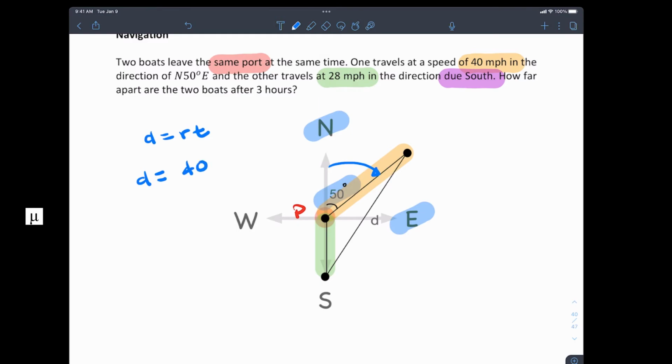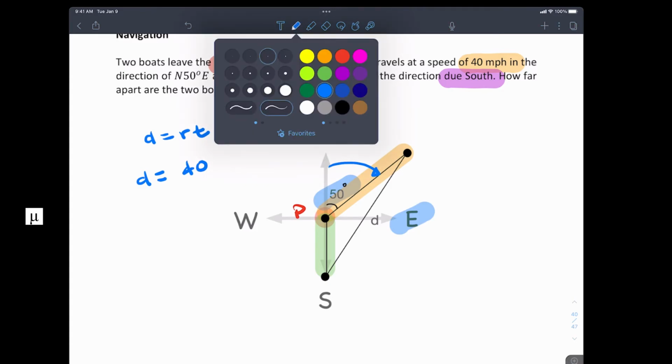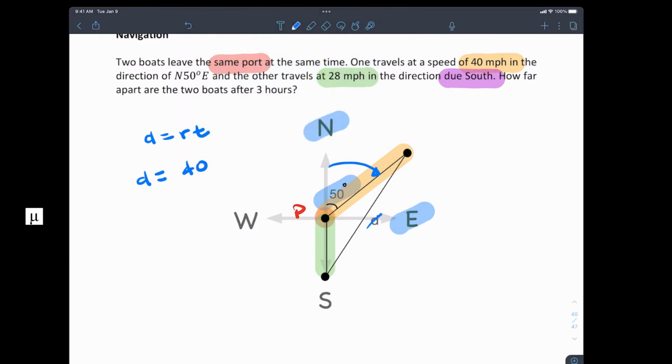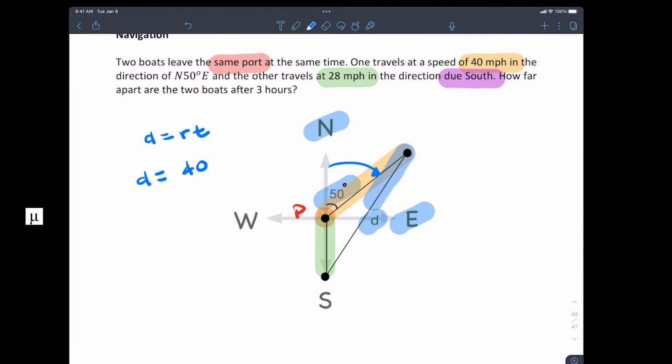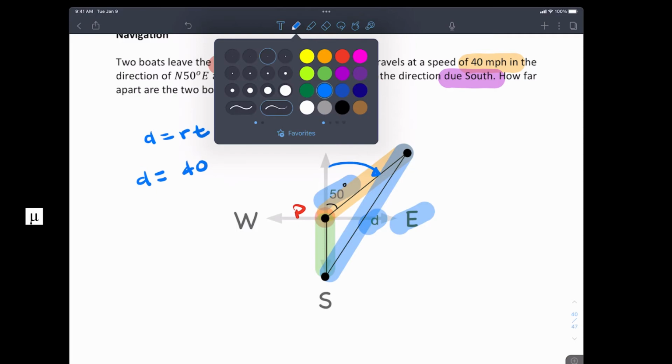Okay. So they're going to say, how far apart are the boats 3 hours later? This is going to be D again. Okay. This is D over here. How far apart? This is what they're asking now, 3 hours later. So we're going to have to get the distances, right?